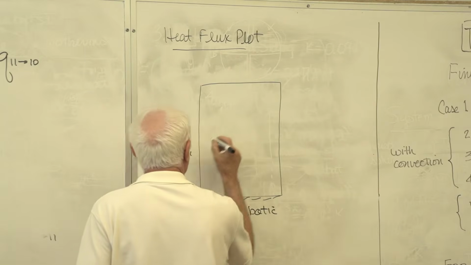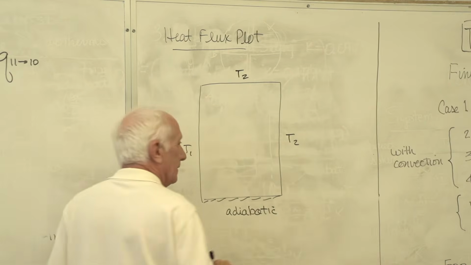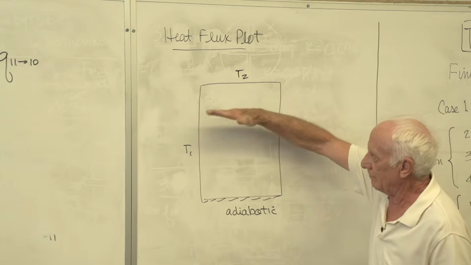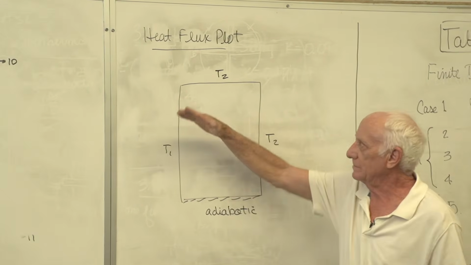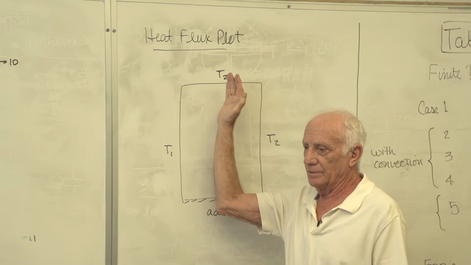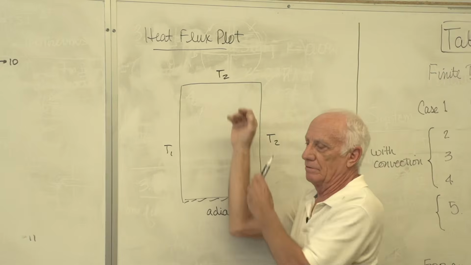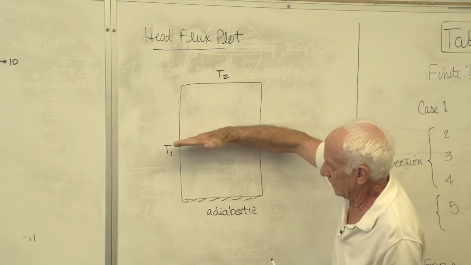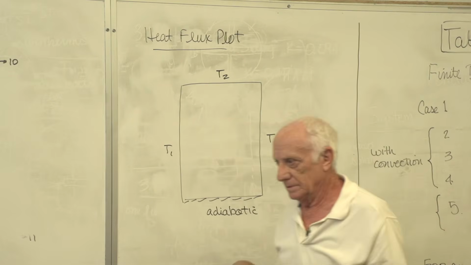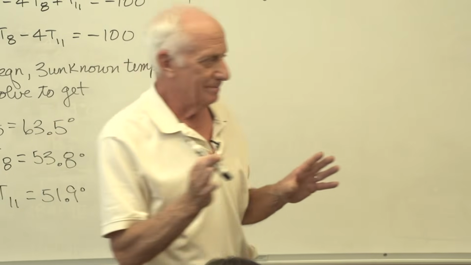I'll say T1 is here, T2 is here. Geometric symmetry, yeah, right through the middle, vertical and horizontal lines. Thermal symmetry, vertical line, T1, T2, no. Horizontal line through the middle, adiabatic, T2, no. There's no lines with thermal symmetry. Conclusion, okay, I can't use that.